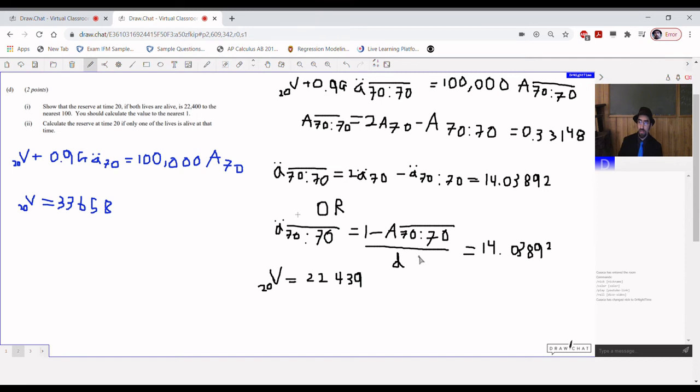It's a simple little sum of a geometric series trick. I owe you guys that explanation once we're done with everything else here. So you do all the algebra, and you get that the policy value after 20 years is 22,439.